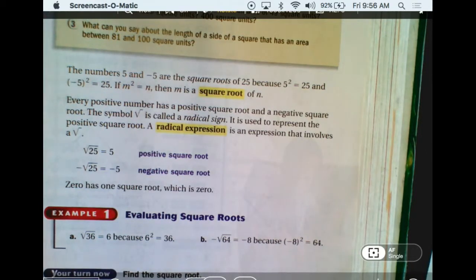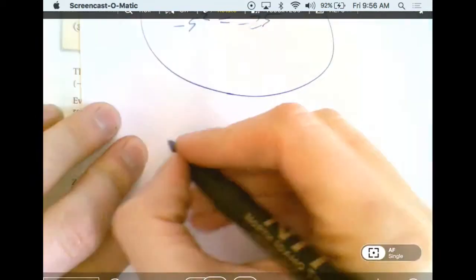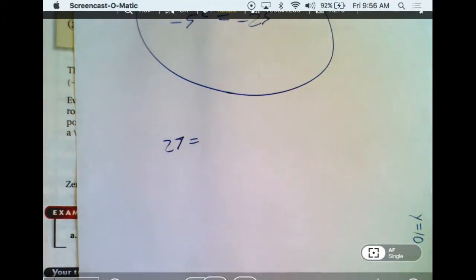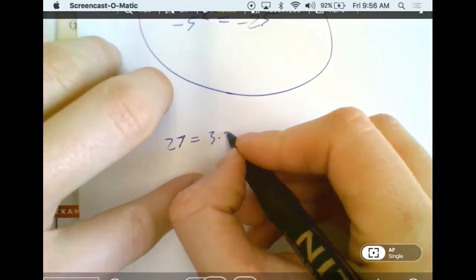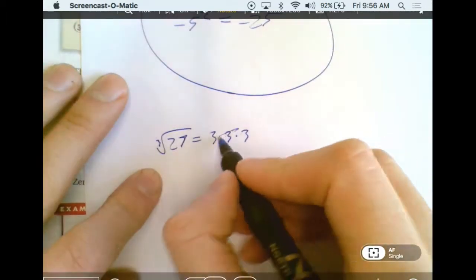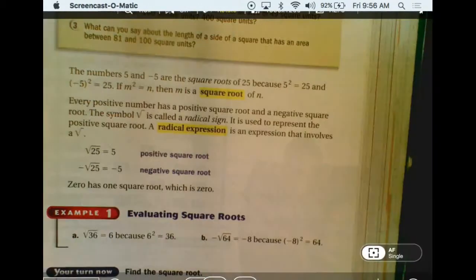So like 27, just for fun. 27 is the same as what number times itself 3 times? Anybody think of that? 9 times 9 times 9 give you 27? 3. 3 times 3 times 3. So the cubed root of 27 equals 3. But anyway, you don't need to know that right now.